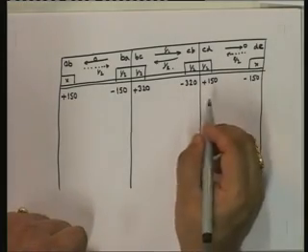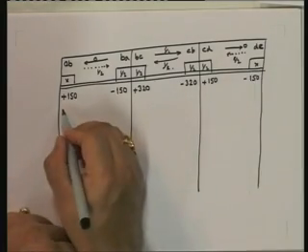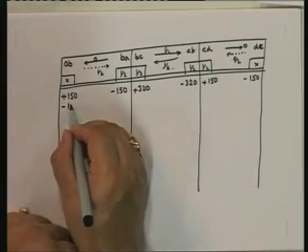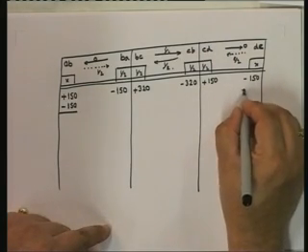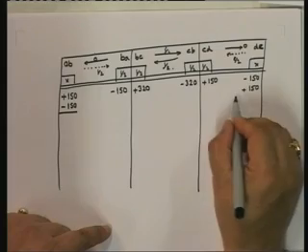The first step is to release these two. So I'm going to put minus 150, plus 150.